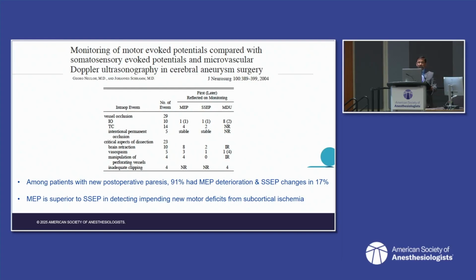But interestingly, at least in this study, they found that in those patients who actually had a postoperative neurological deficit, more than 90% actually had a deterioration in MEP. And in cases of SSEPs, 17% of patients demonstrated that change. So obviously, this type of monitoring is predictive, but again, it doesn't really demonstrate how many strokes can be prevented.